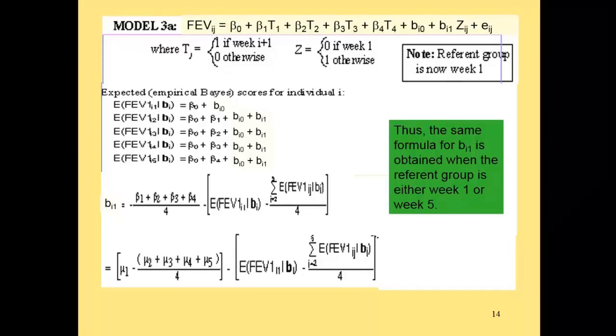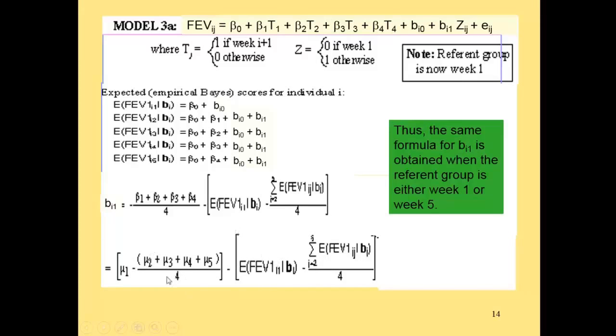So we're going to change the reference group from week 5 to week 1. I think that's actually a little more intuitive because it's kind of like, well, yeah, week 1 is our baseline. It's our reference group. I hope this will be a little bit more intuitive. This is very similar to the previous slide, right? It's just showing how we get BI1 if the referent group is week 1 instead of week 5. And the take-home message is the equation is the same, okay?